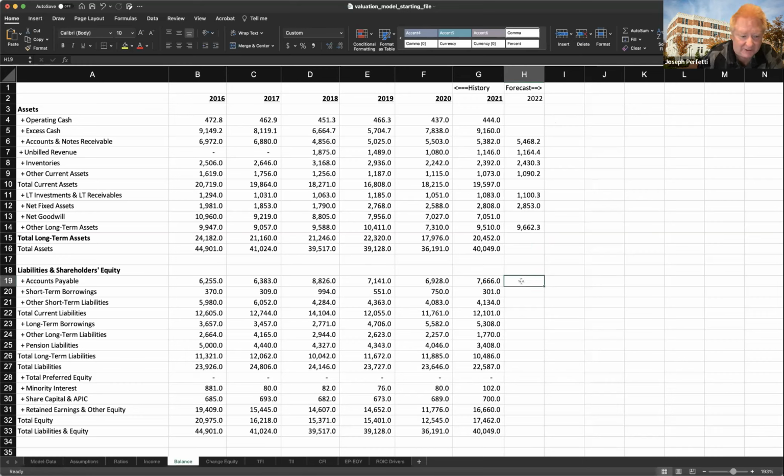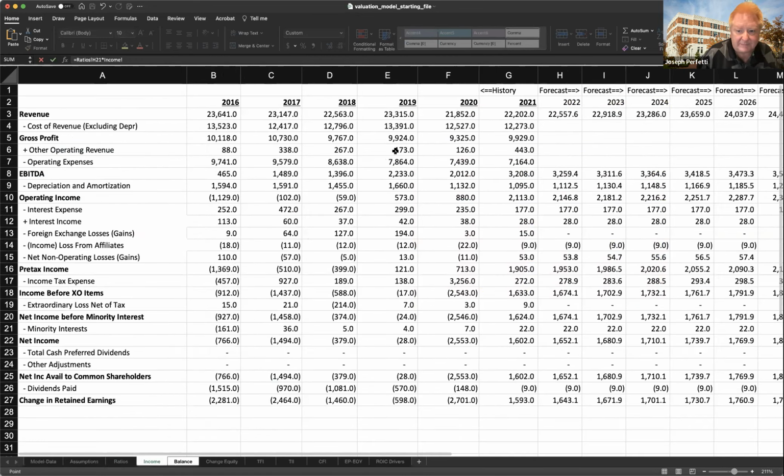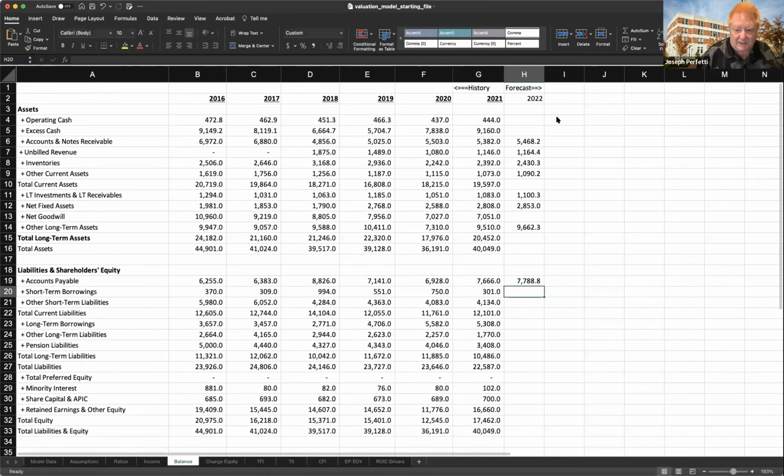The next ratio is accounts payable, as a percentage of sales. H21, 34.5% of sales is accounts payable, times income H3. That works out to be 7,788.8 million of accounts payable.